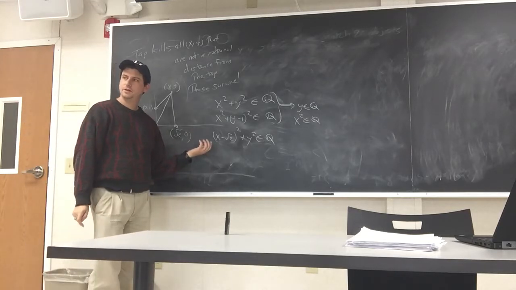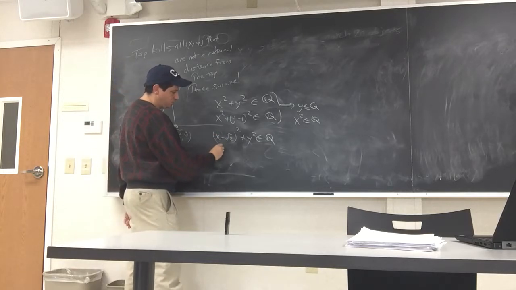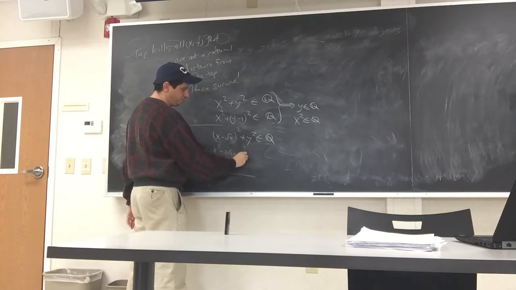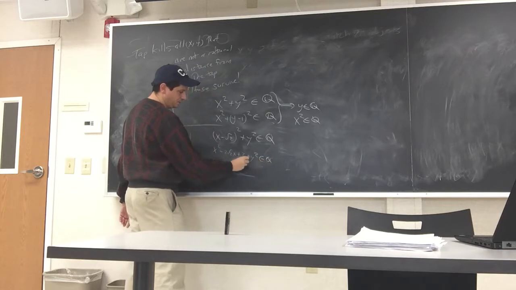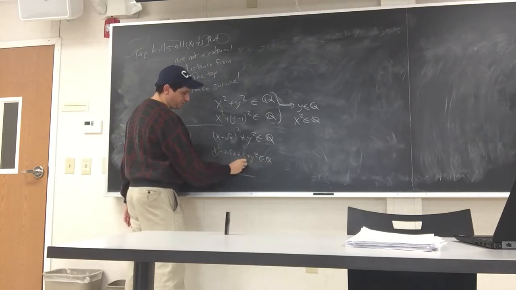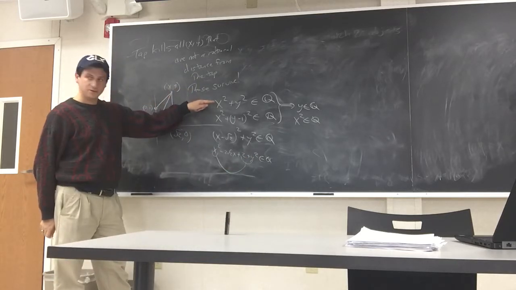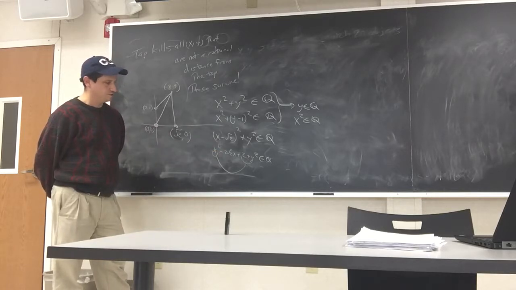But okay, when you expand this out, you'll now get x squared minus 2 root 2 x plus 2 plus y squared is in Q. And then if I take the x squared with this stuff over here, we know x squared plus y squared is rational, so we get negative 2 root 2 x is rational.